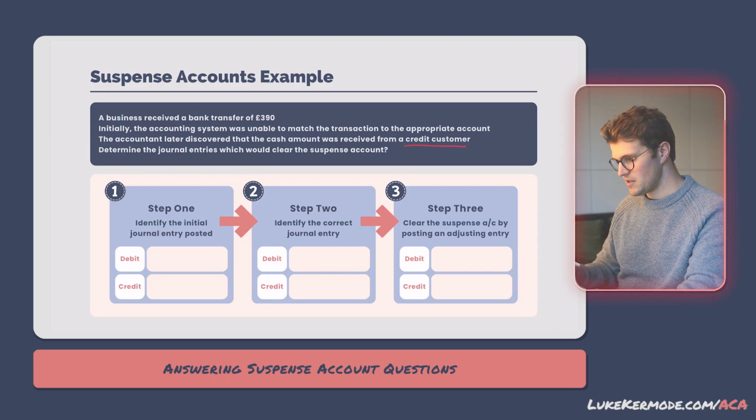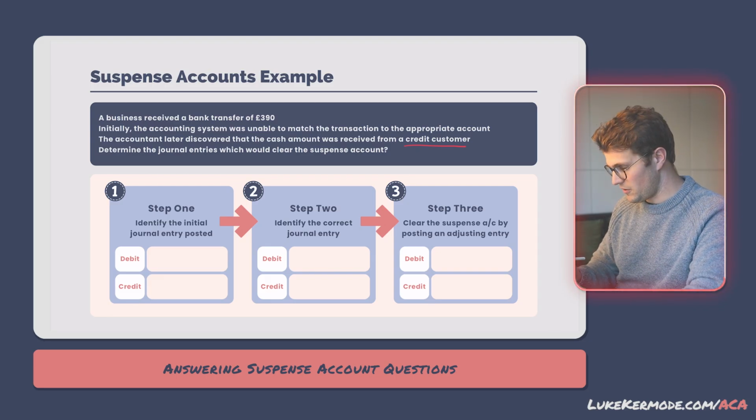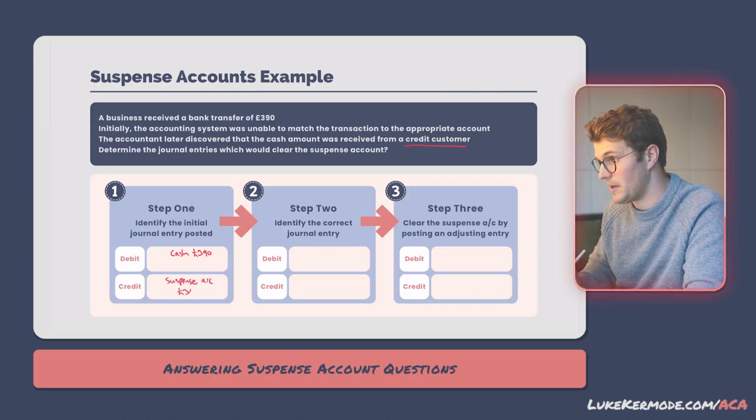So step one, identify the initial journal entry that was posted by the accounting system. So the initial journal entry that was posted was debit cash £390 and credit the suspense account by £390.